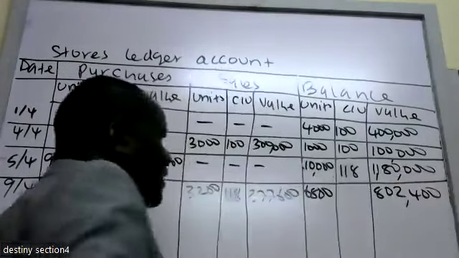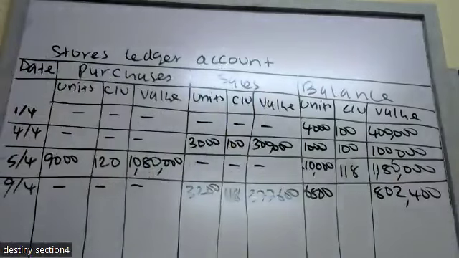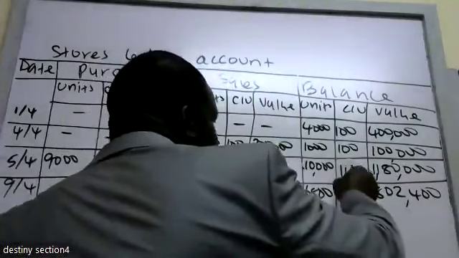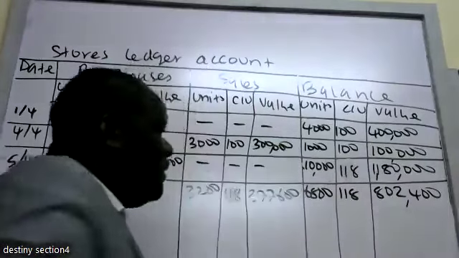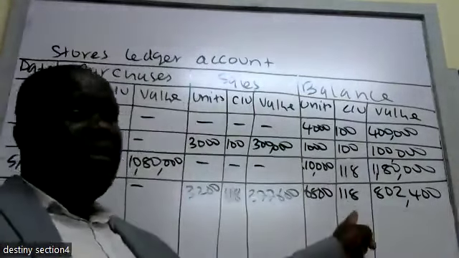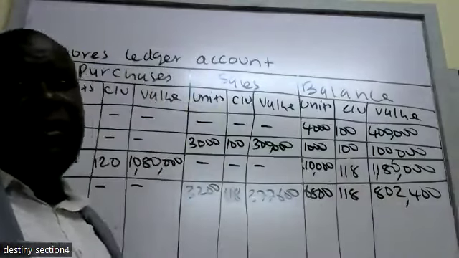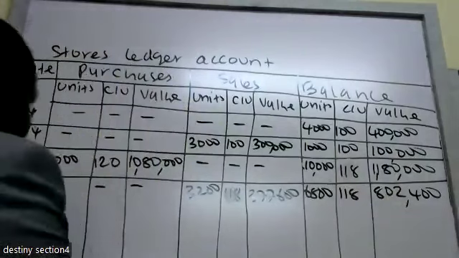And also get the average, 118. Yes. And sometimes it changes, sometimes it remains the same. So to get this figure, simply take this amount divided by the units. That's how to get the average price.